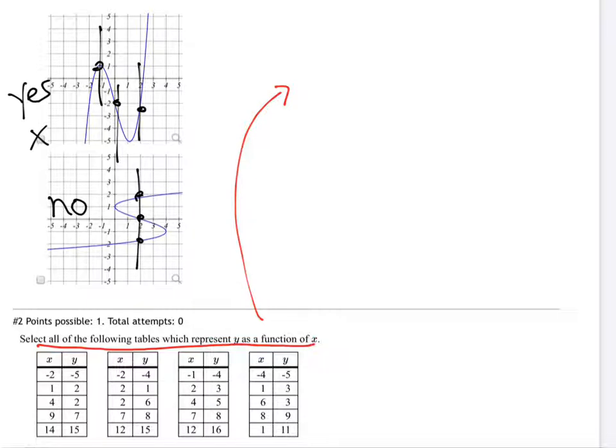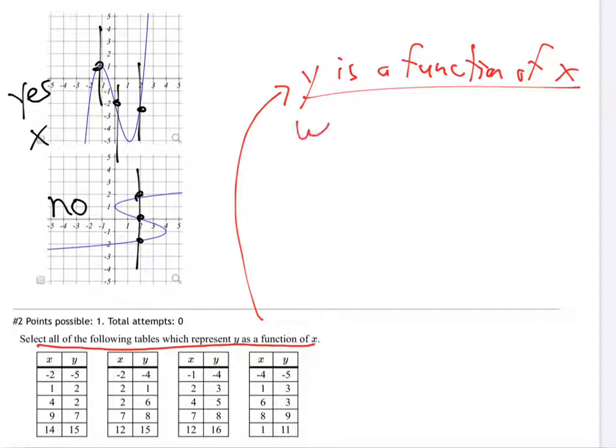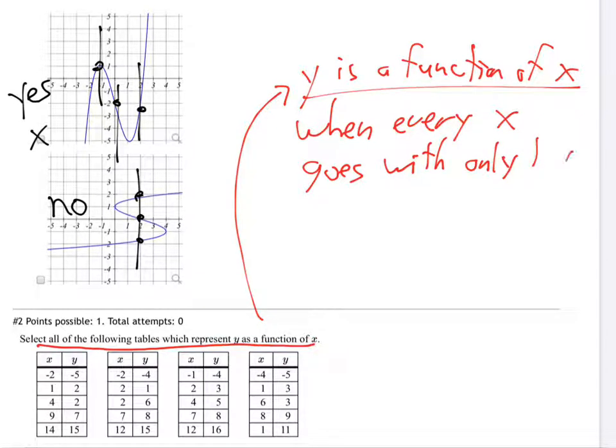So let me give you the rule in words. y is a function of x when every x goes with only one y value. You want every x to only go with one y. You don't want an x going with two y's. That's exactly like you don't want a vertical line hitting two places.